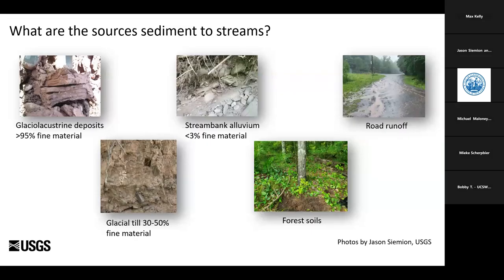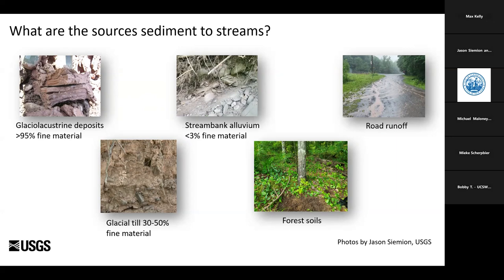So what are the sources of sediment to the streams? We're focusing primarily on the glacial lacustrine deposits. I have a picture of these in the upper left of the screen here. They tend to be more than 95% fine material. And you can see in that picture, when you get a chunk of this out of the ground and it dries out a little bit, you can start to peel the layers apart.